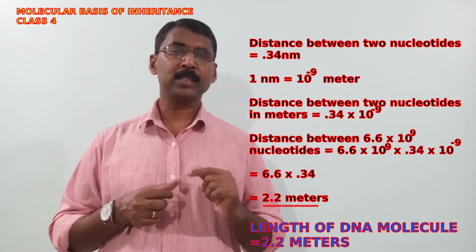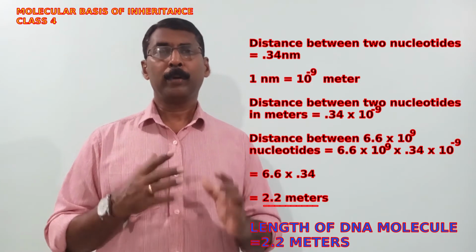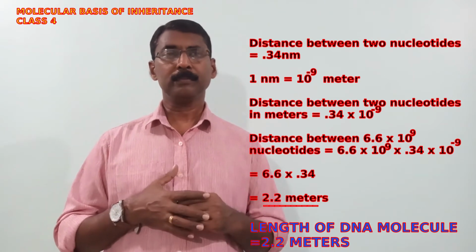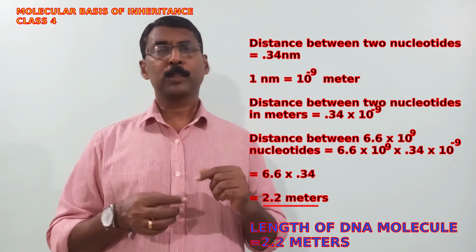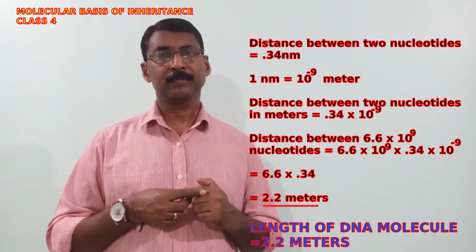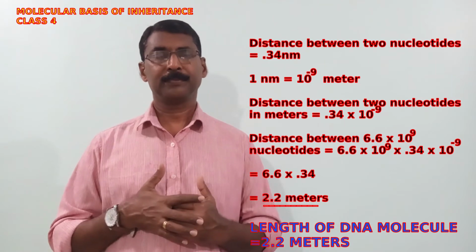So that is 6.6 into 10 to the power of 9 into 0.34 into 10 to the power of minus 9. So that is 6.6 into 0.34, which is equal to 2.2 meters.